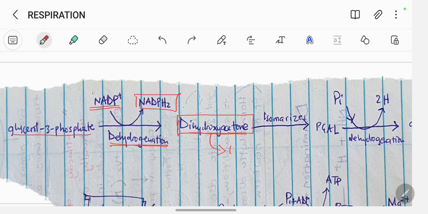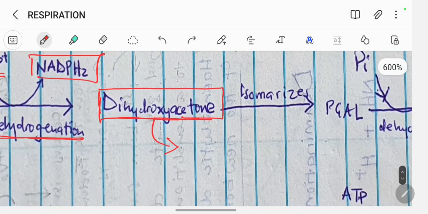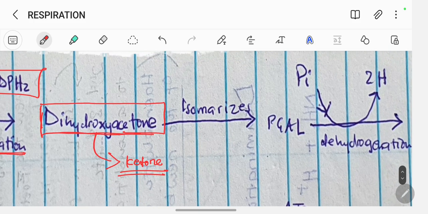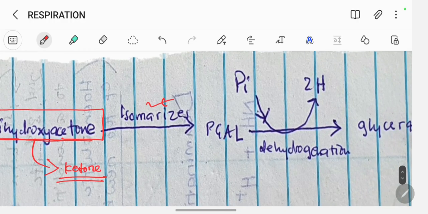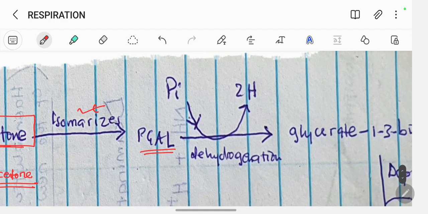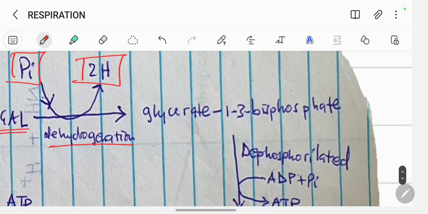We can't oxidize ketones, and they are relatively stable to attack. So we have to isomerize it to PGAL, phosphoglyceraldehyde. As we isomerize it to PGAL, we continue with those normal steps that we had: pump in an inorganic phosphate and remove two hydrogens. This is the dehydrogenation. You form glycerate 1,3-bisphosphate.